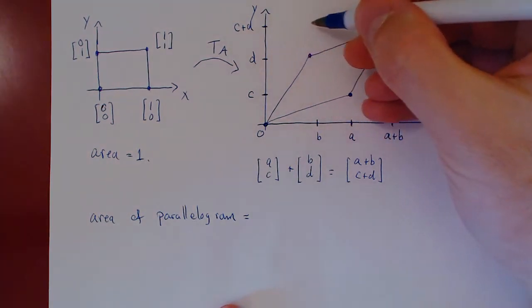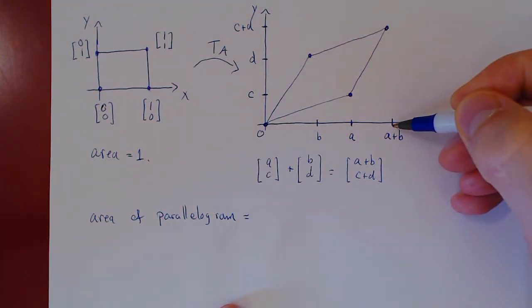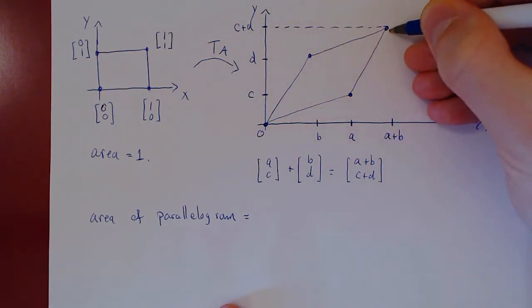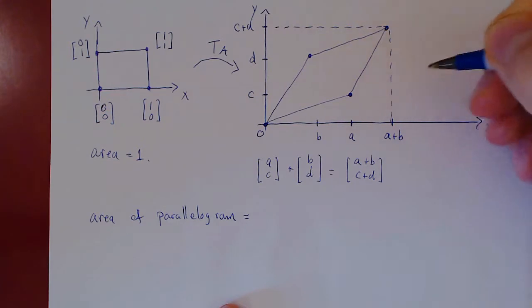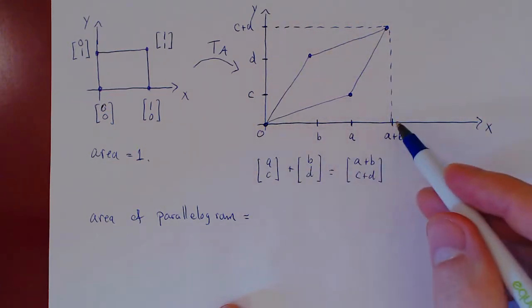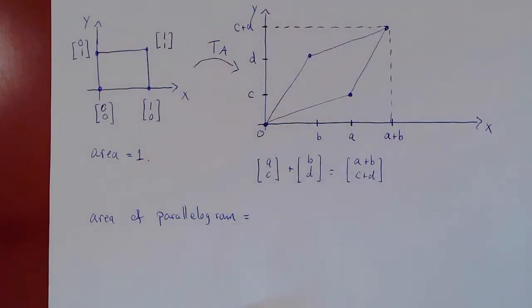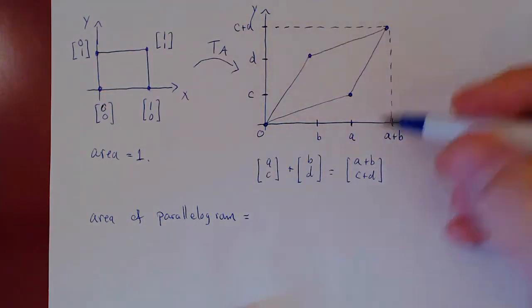So you can embed this parallelogram into a larger rectangle. Namely, the rectangle whose length is A plus B and whose height is C plus D. So let's add now the entire area of the rectangle.